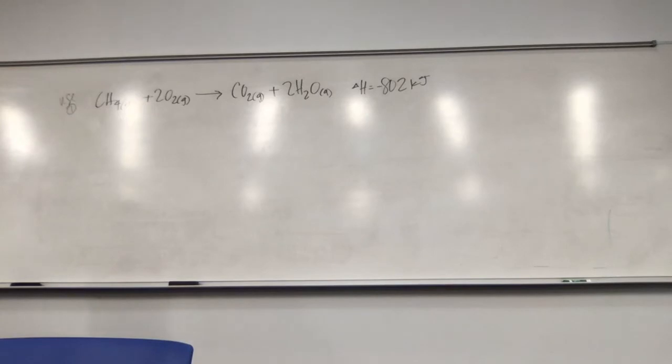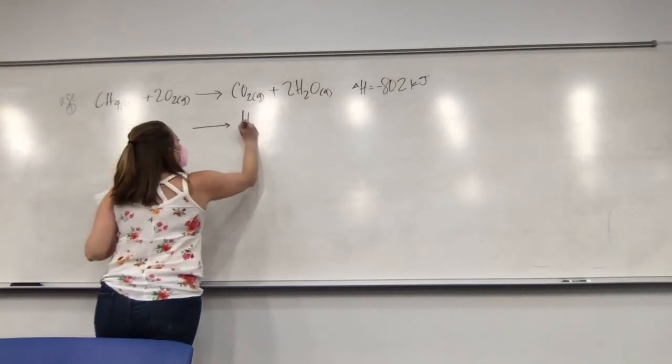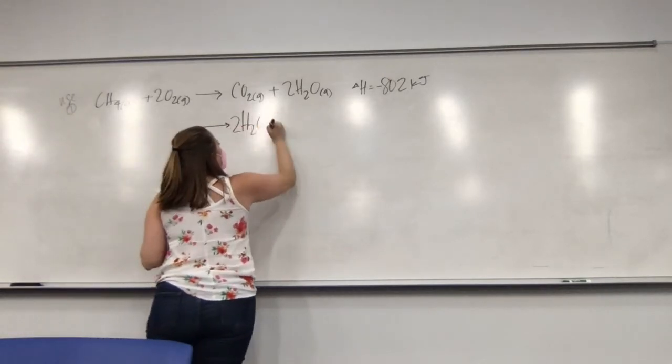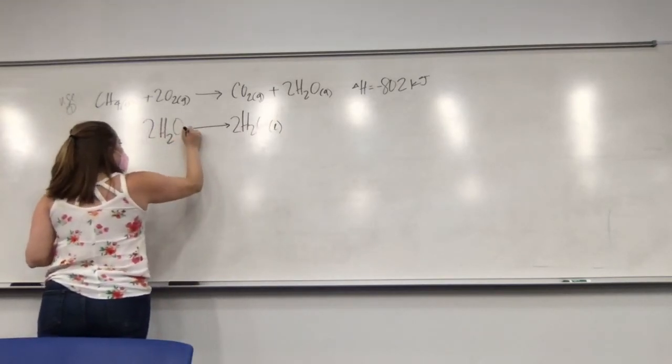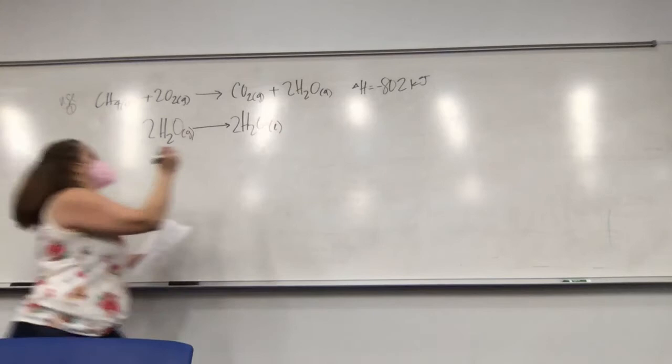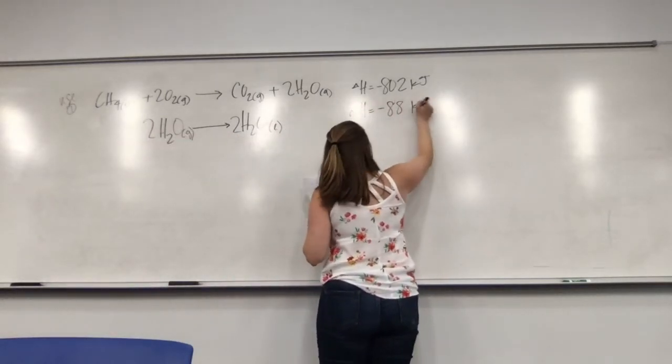No. We don't necessarily want to flip it, because we want to make sure that what is in the top equation is in the right place. We would like the liquid water on the product side. So we're going to add 2H2O liquid plus 2H2O gas, and this delta H is negative 88 kilojoules.